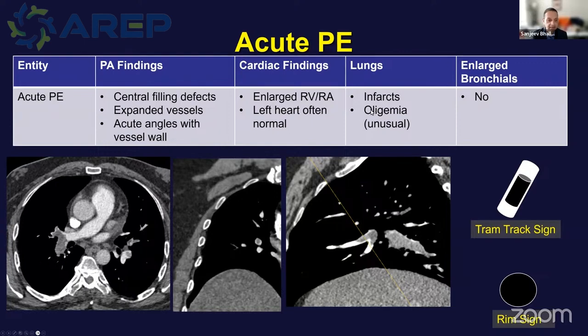Sometimes you'll see oligemia, the so-called Westermark sign, and bronchial arteries are not enlarged. So here is an example of acute pulmonary embolism, where the pulmonary artery is expanded from the central filling defect. Sometimes you'll see what's called a polo mint sign, where you get contrast that outlines the pulmonary embolism, or a tram track sign, where the contrast is on both sides of the pulmonary embolism.